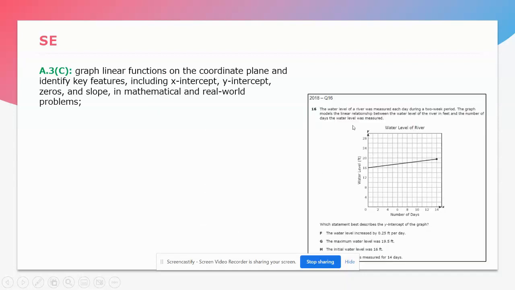And the third example that we have, it's a word problem asking for the y-intercept. So if you look through all of these, and this is the one that's showing up 2 to 3 times for each test, it'll be any combination of the key features, graphs, and real-world situations.